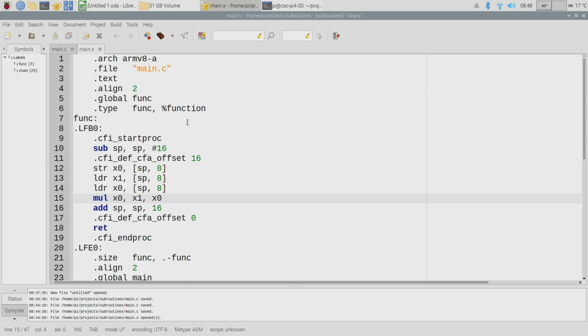But if it's just a single number, then a register is all you need. So notice that whatever happens with the multiplication, the answer is in x0, and then I return from this subroutine back to who called it, which was the main routine. Good? All right, so let's look at the main routine.